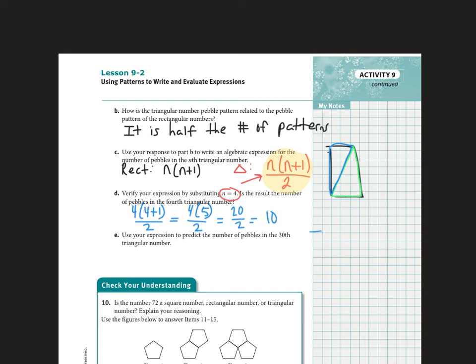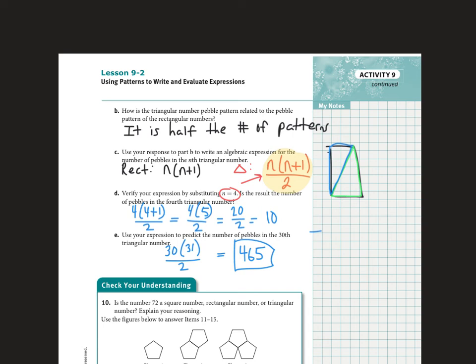So it's going to be 30 times 30 plus 1, so 30 plus 1 is 31, over 2. If we simplify that, 30 times 31 is 930. If we divide that by 2, we're going to get 465.